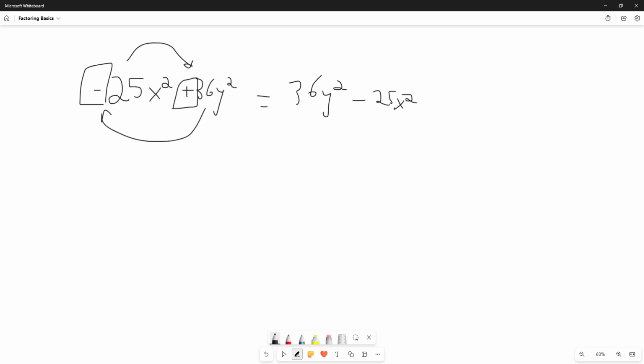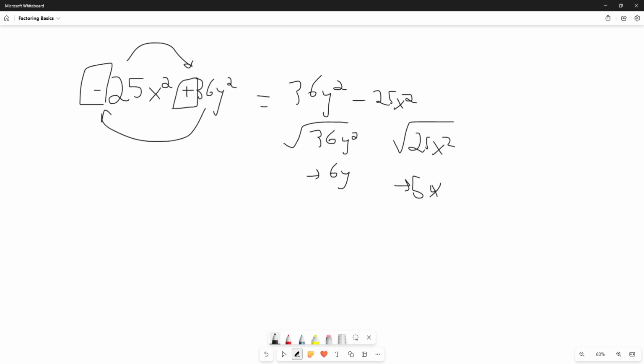Now from there, we find the square root of 36y squared. The square root of 36y squared is 6y. And from here, we have a square root of 25x squared is 5x.